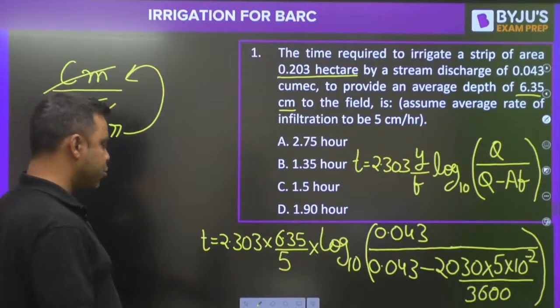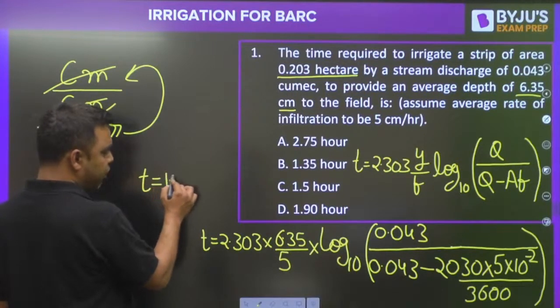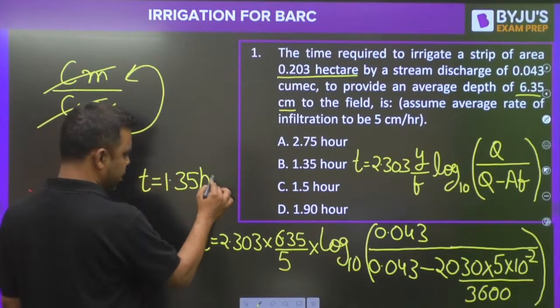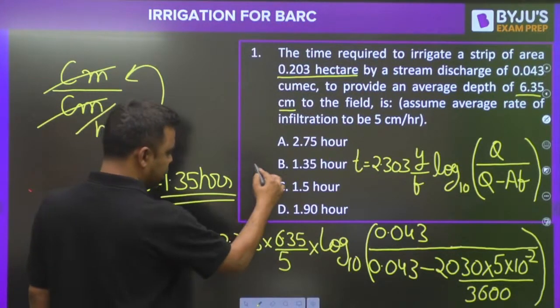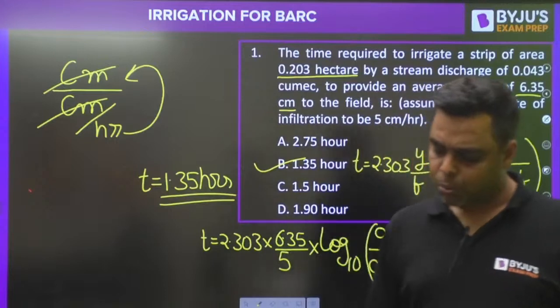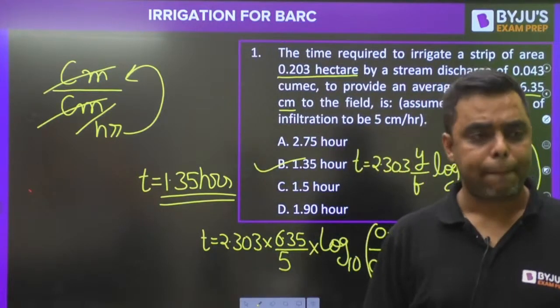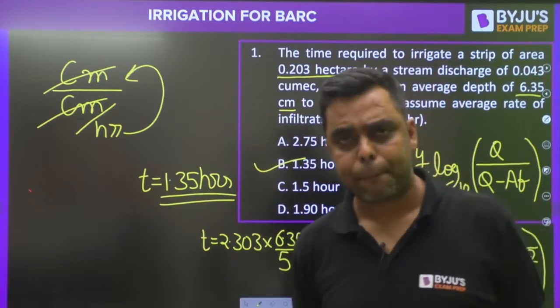If we solve this, can we get the answer? T is equal to 1.35 hours. So our answer will be option B, everyone. So Mudasir ji and Abhishek ji were absolutely right. Agreed, guys? Is this clear?